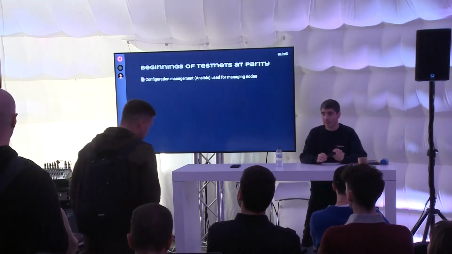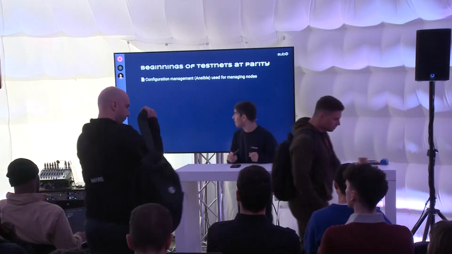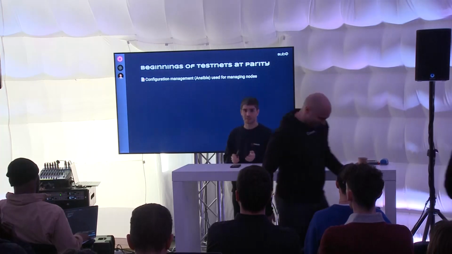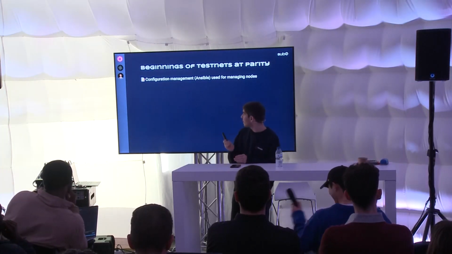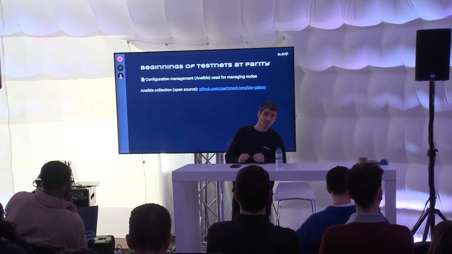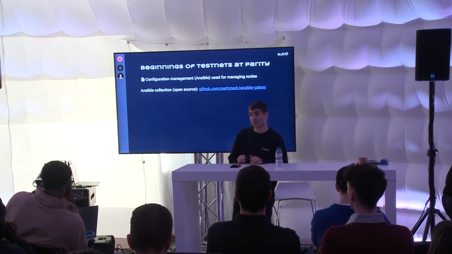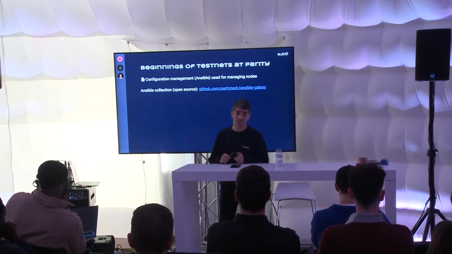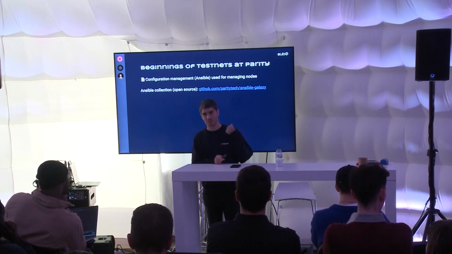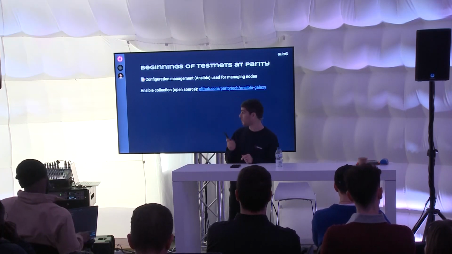Initially at Parity, our approach was to use configuration management like Ansible for managing our nodes. And for this, we recently, this year, open sourced this Ansible collection. You can maybe check it out and see a bit how we do it.